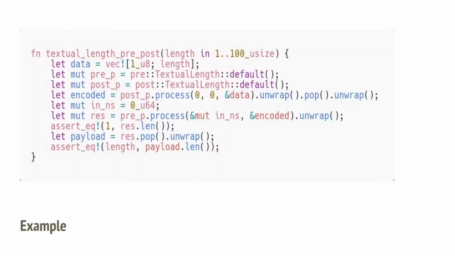Here is an example of a test written along the same lines. There is a function which takes a length variable in the range of 1 to 100. It could be any random number between 1 and 100. Then it produces a data vector of the given length and passes that vector to the post processor. Now the post processor, as we discussed, appends the data length and a white space to the vector.